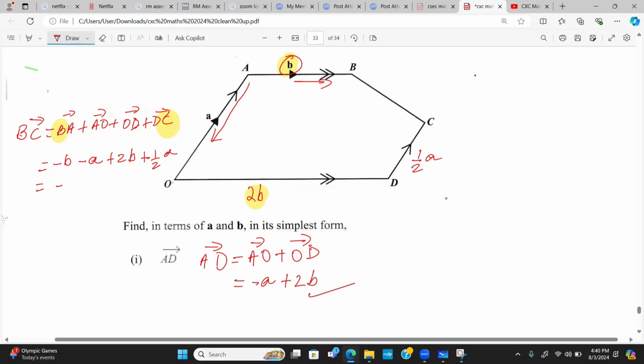For example, negative A plus half A are alike. Negative B plus 2B are alike.